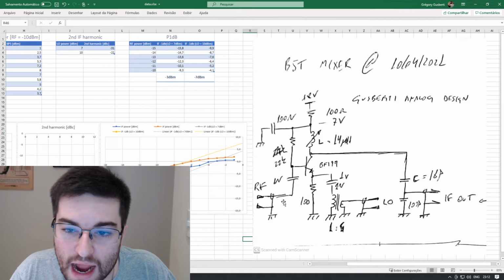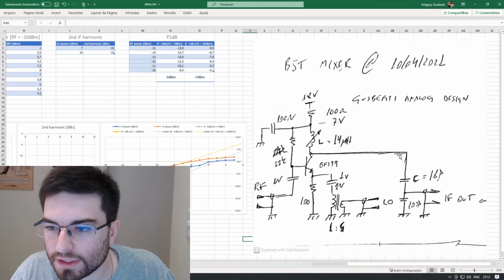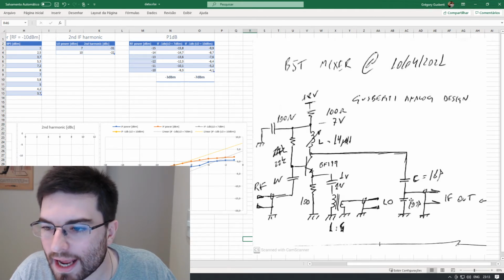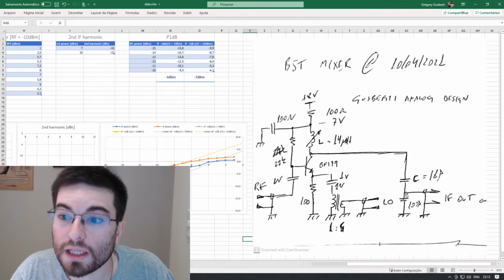The RF I'm injecting directly on the base, and we can see that the output circuit is a bandpass circuit, and here I am tapping the IF in the center tap of this capacitor divider, so we can transform the impedance also.